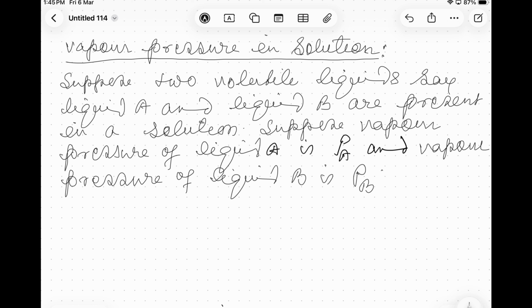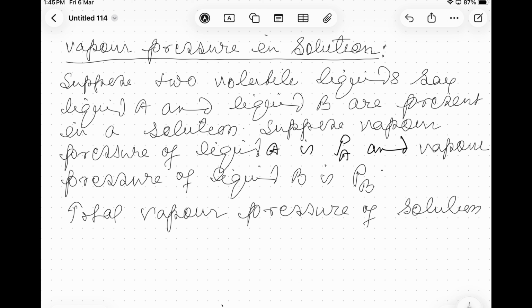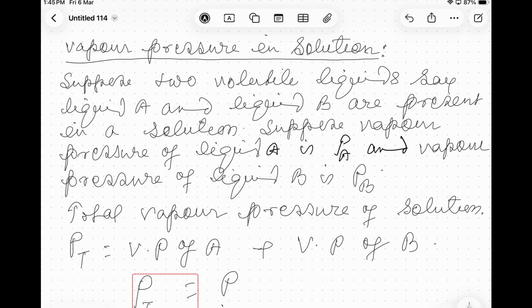Then the total vapor pressure of solution, let it be PT, should be equal to the vapor pressure of A plus the vapor pressure of B. That means PT is equal to PA plus PB.